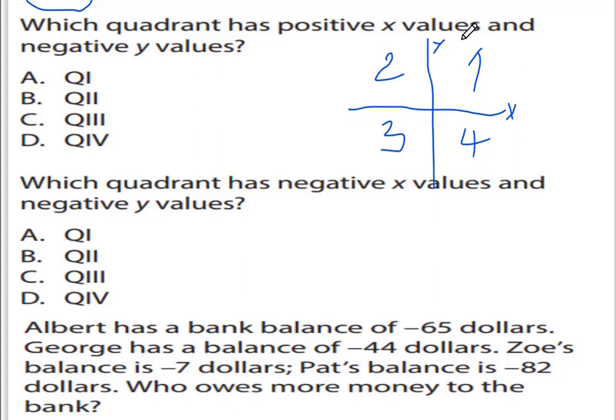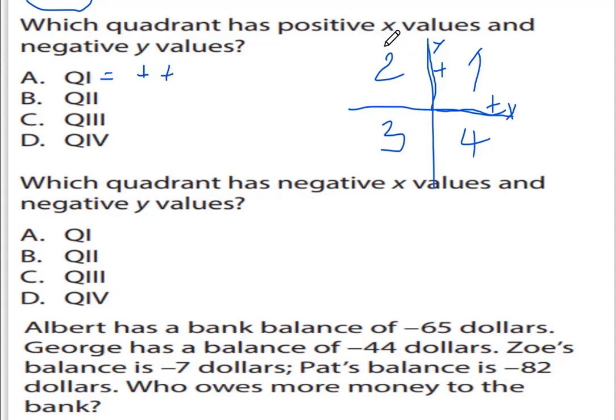To get the values of quadrant 1, we look at this part. Here, x is positive, and going upward, the y-axis is positive. So the value of Q1 is both positive: positive for x, positive for y.